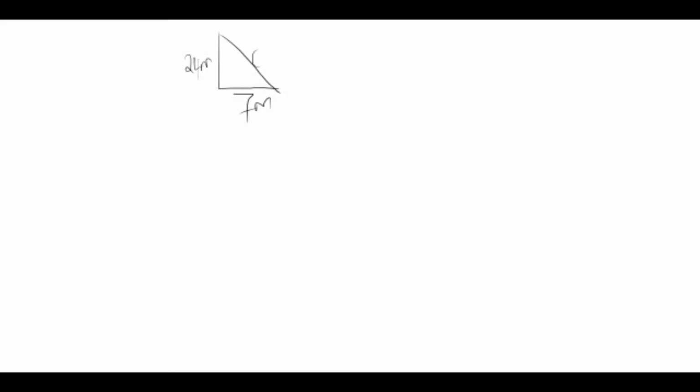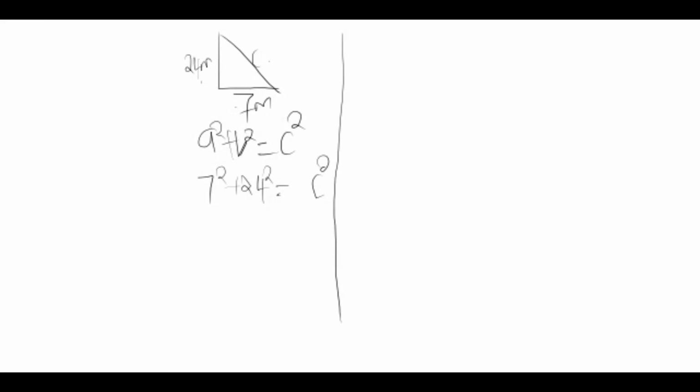We know the Pythagoras theorem: a squared plus b squared equals c squared. So this is our a, this is our b, and this is our c. So we have 7 squared plus 24 squared should give us c squared. So we have 7 squared, which is 49, plus 24 squared is 576, should give us c squared.